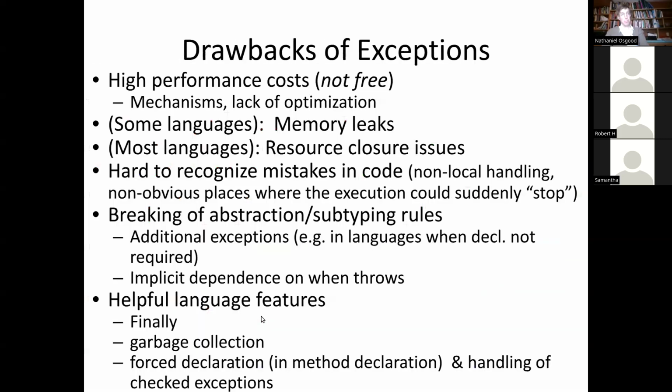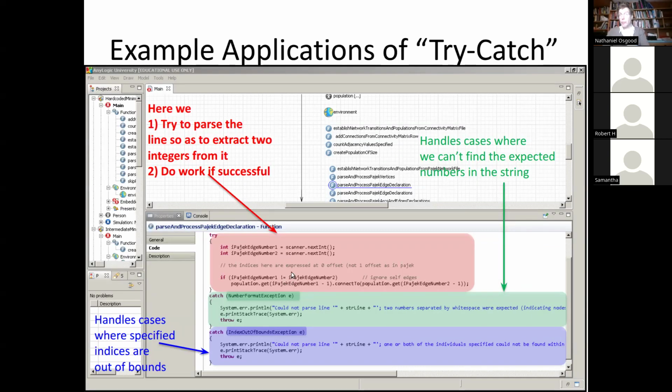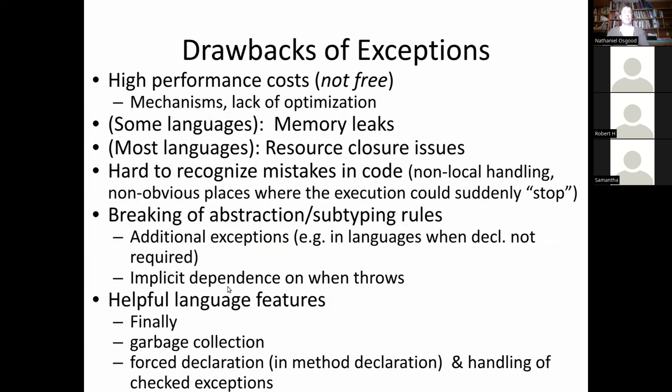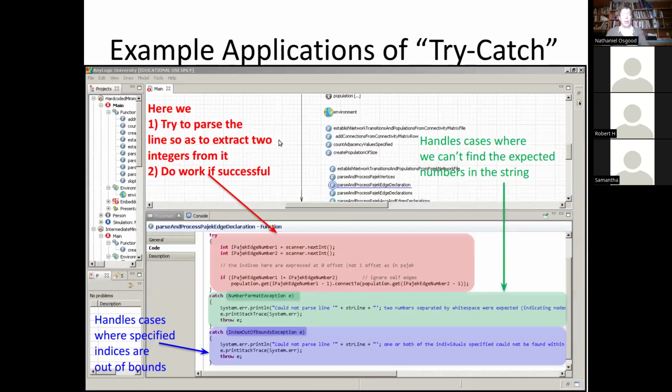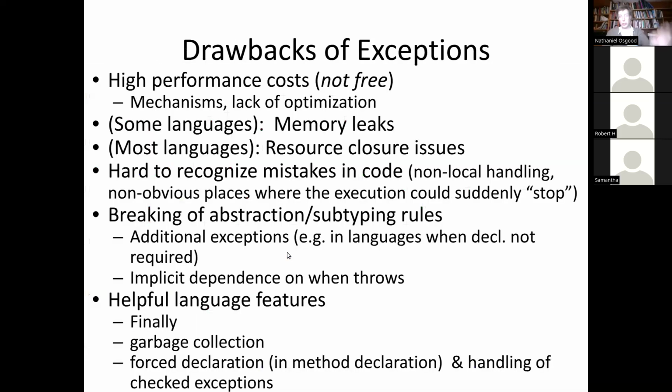And that makes for some difficulty in reasoning about the code. You're not quite sure from what place you've come here. And so it can be hard to recognize these mistakes in code. It can be hard to recognize cases where resources need to be closed. You've forgotten about them because you didn't realize it can occur after a point where I open that file, or I open that database connection, or I allocated that memory.